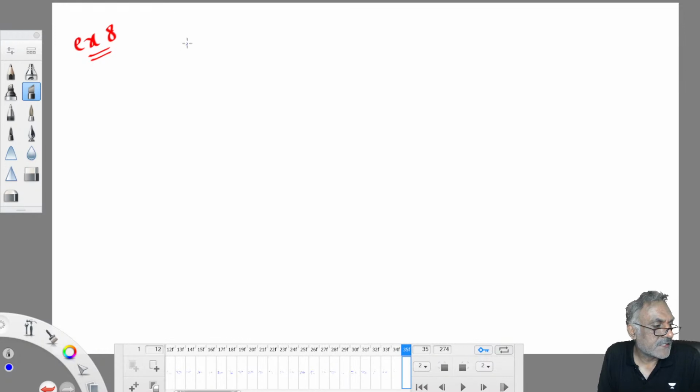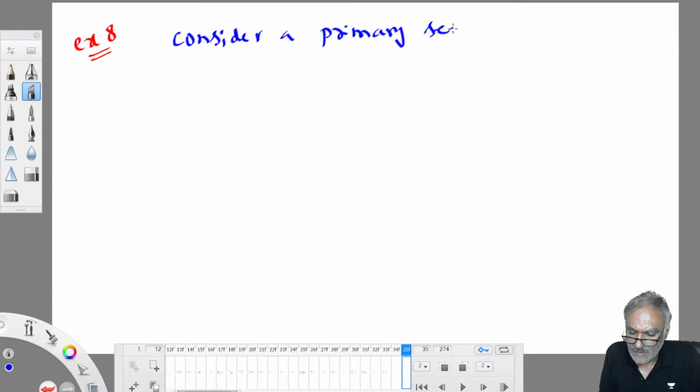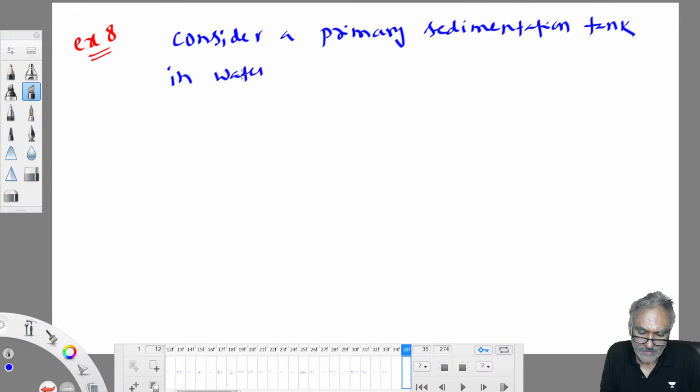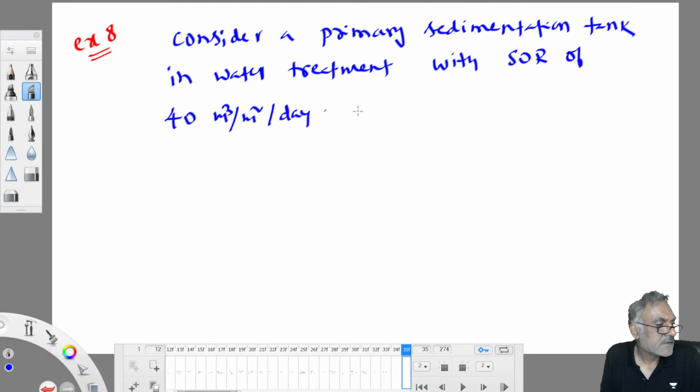Consider a primary sedimentation tank in water treatment. The surface overflow rate is 40 meter cube per meter square per day.